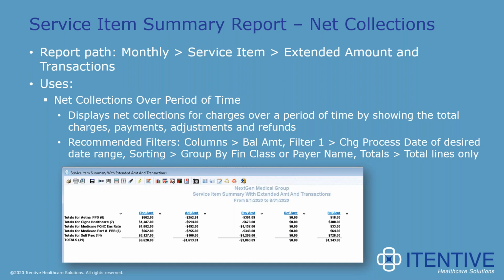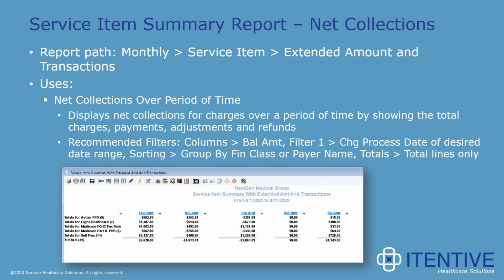So this is done by showing those total charges, payments, adjustments, and any refunds. So it can help you really see how effective your collections process is overall. So you can run this periodically and maybe even identify changes with how your collection is happening.